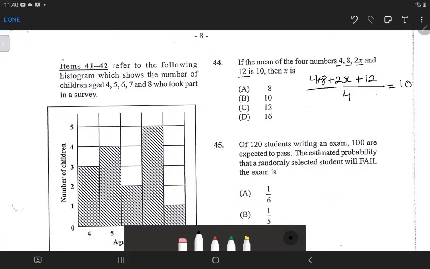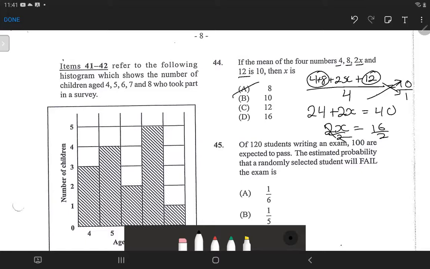So that means, well, if we add up these two, 12 and 12 is 24. So we have 24 plus 2x, that has to equal 40 by cross multiplication. That would imply that 2x is equal to 40 minus 24, which is 16. And that gives us x is equal to 8.